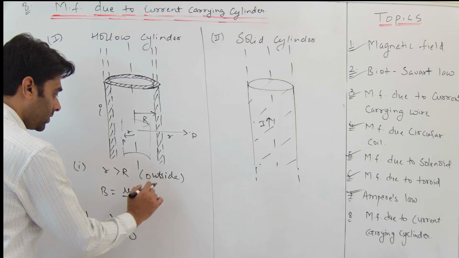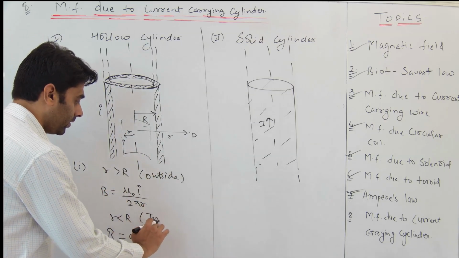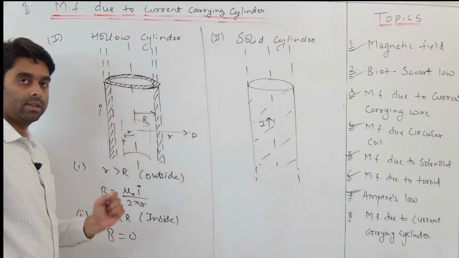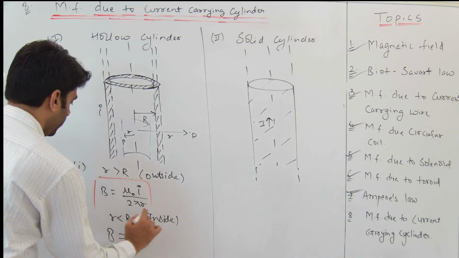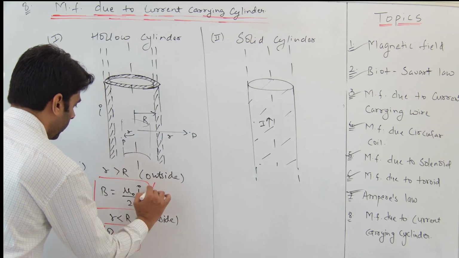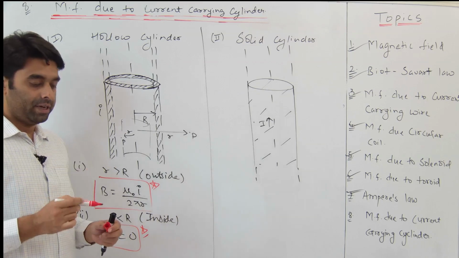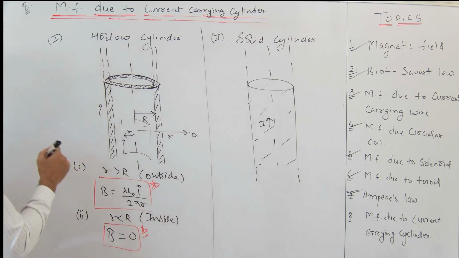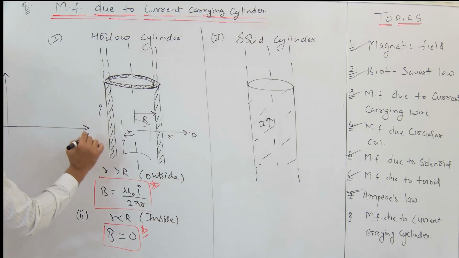So for outside it is mu naught I by 2 pi r, and for inside the magnetic field is 0. So these are the two results that we have. Now if we plot a graph between magnetic field and distance, this is B, and this is small r.